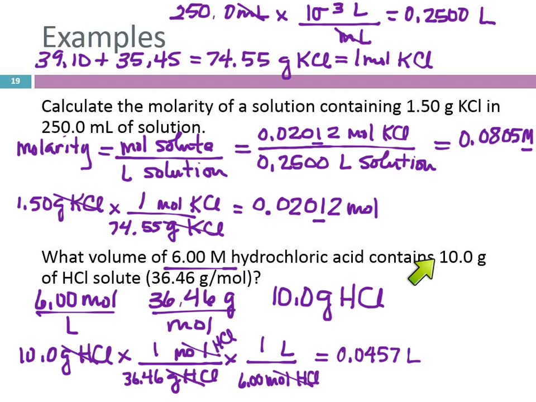This number has 3 sig figs, this one has 3, and that one has 4. The smallest number of significant figures is 3, so that's why I rounded my answer to 3 significant figures. Any questions?